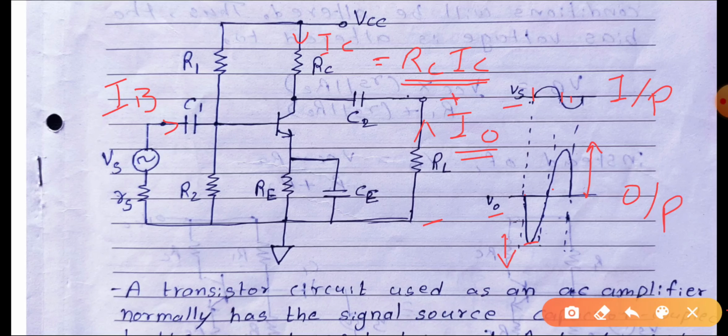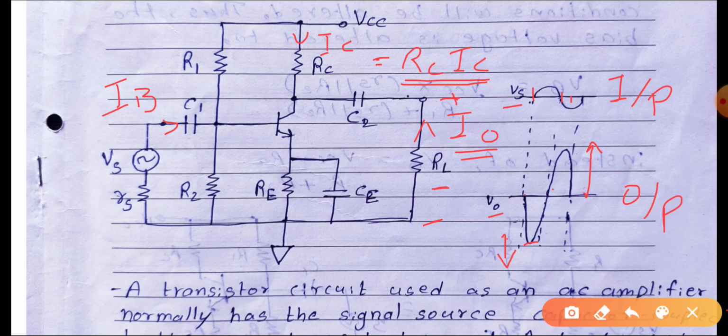So always remember, in the single stage common emitter amplifier, you will always get 180-degree phase shift between your input and output, or you can say a phase reversal or opposite phase. So this happens only when you take the output voltage at the load resistance.